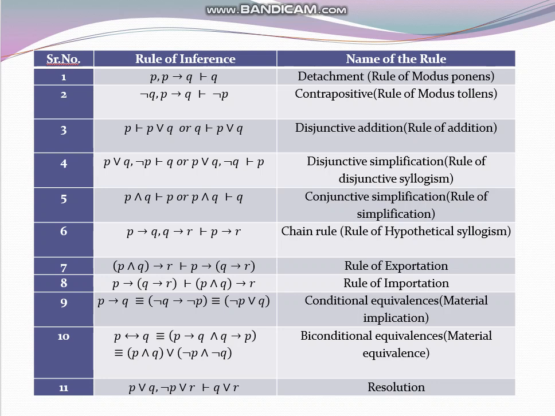We have a few more rules: rule of exportation, rule of importation, conditional equivalences, material implication, biconditional equivalences, material equivalences, or resolution. Let us go to the example where this will be more clear.